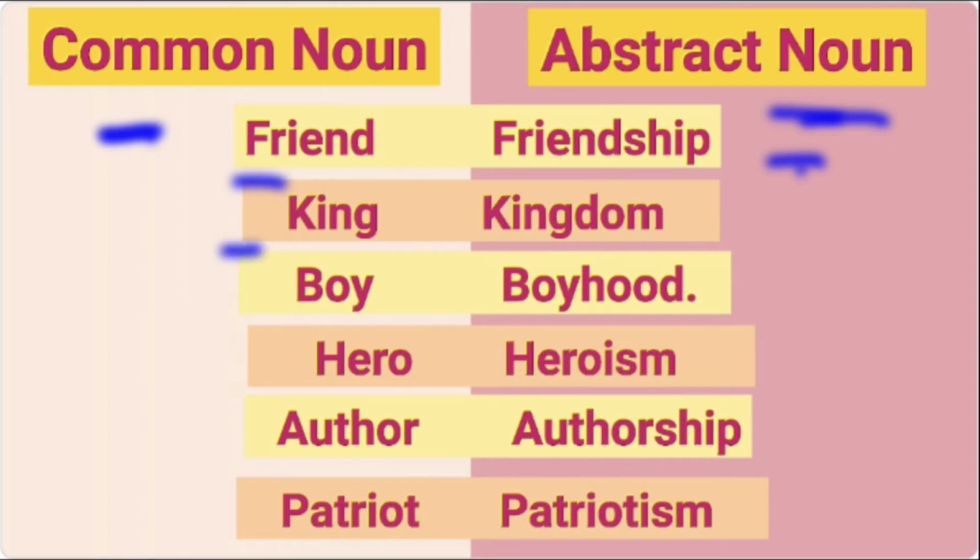King is a common noun and kingdom is an abstract noun. Boy, common noun, and from boy we can make boyhood, and boyhood is an abstract noun. So here are the following: hero, heroism, author, authorship, patriot, and patriotism.